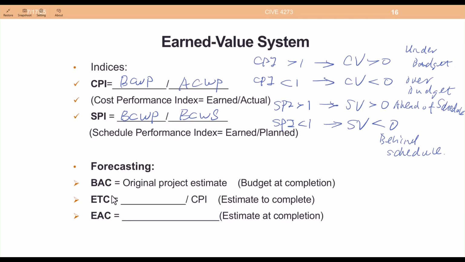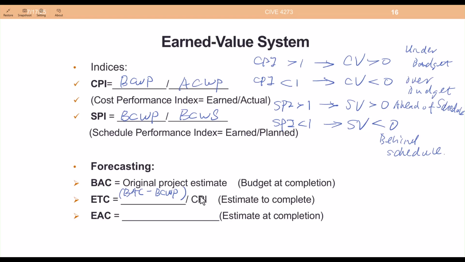And the ETC equals BAC minus BCWP, which is the budget for the remaining portion of the work. So this is your original budget, BAC, minus BCWP, budgeted cost of work performed. That's your original budget for the remaining portion of the work.